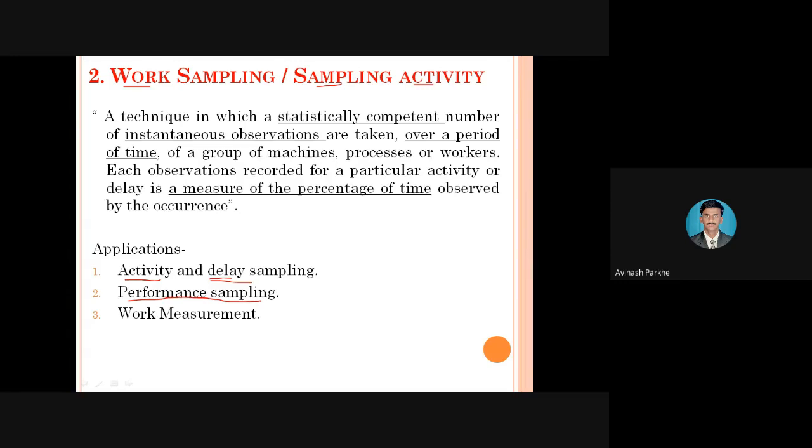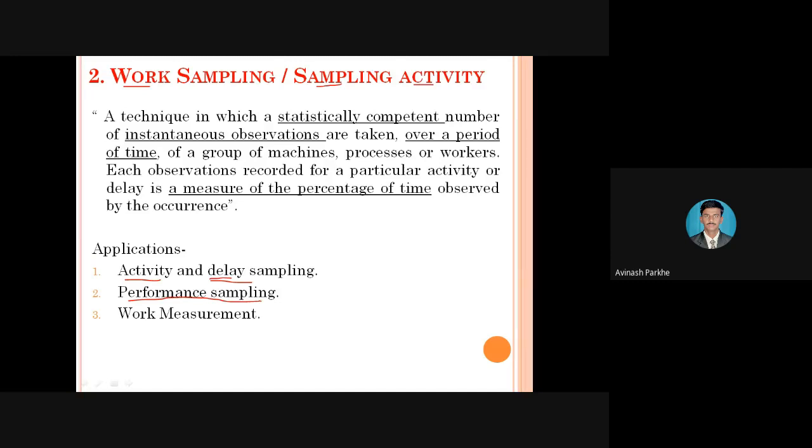That means he can say that the performance of machine number 1 and of operator number 1 is very good, or excellent. He is checking whether the operator is continuously working or not. If he is continuously working, then we can say that the performance of that operator and that machine is good, better, excellent as per the requirement.